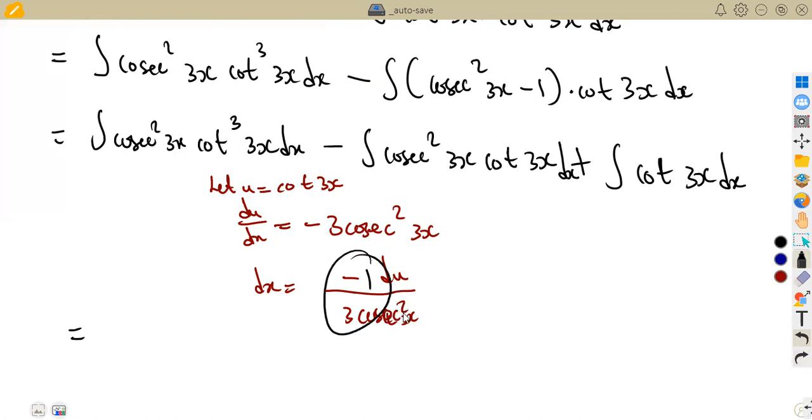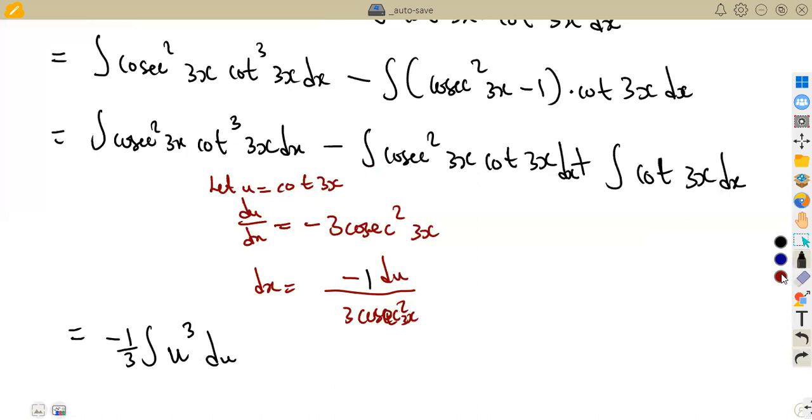So you're left with minus 1 over 3 out of the integral. Since the cosec squared canceled, we are left with cot cubed, and what represents cot? It's u. So it's u to the exponent of 3 with respect to u, because this one is now out of the integral, so you're just left with the du on this side.